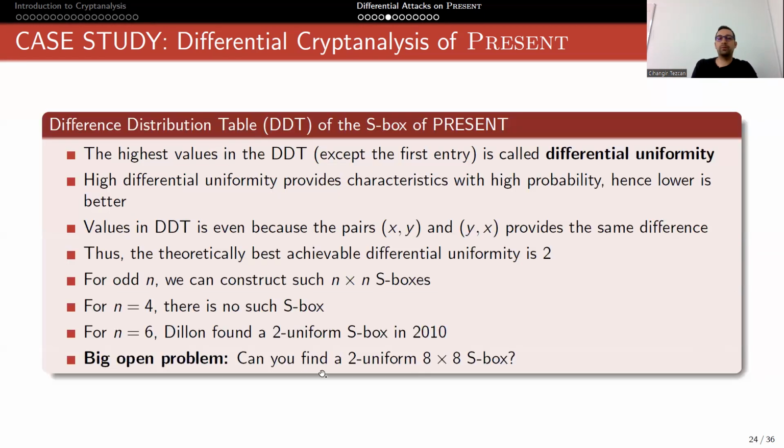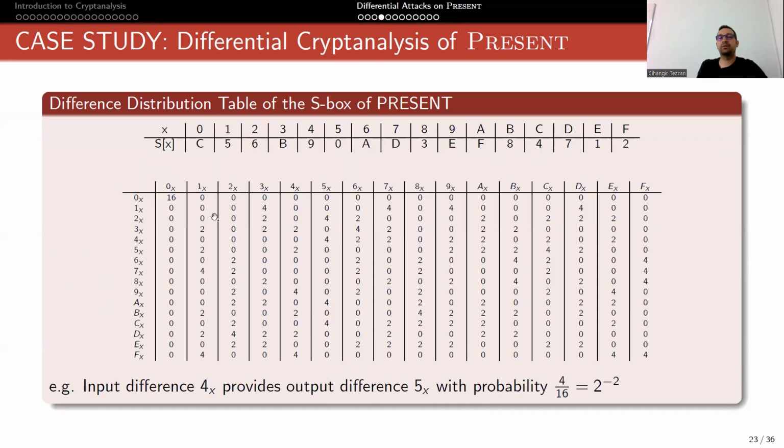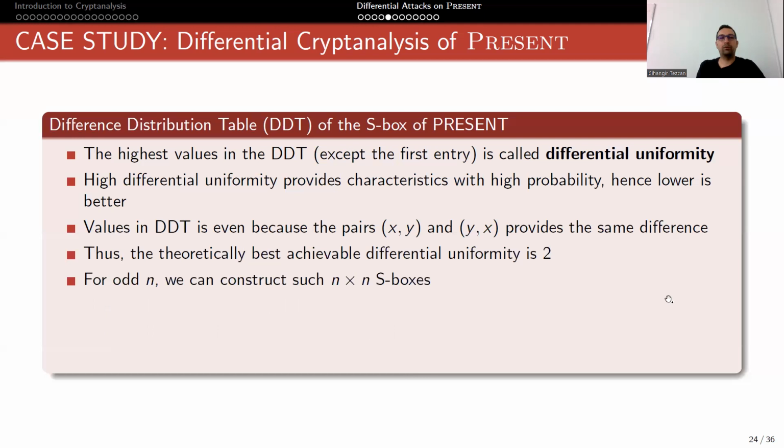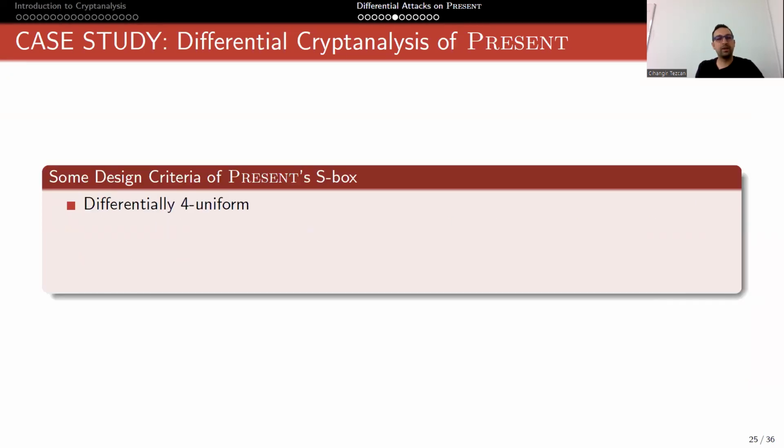So the big open problem is: can you find a 2-uniform 8 by 8 S-box, so that the DDT is filled with zeros and twos? Such an S-box would be more secure than the AES S-box. So if you want to be famous in this area, this is the problem you need to solve. But as you can imagine, a lot of people tried and couldn't come up with a solution. So if you have a clever idea, just go for it.